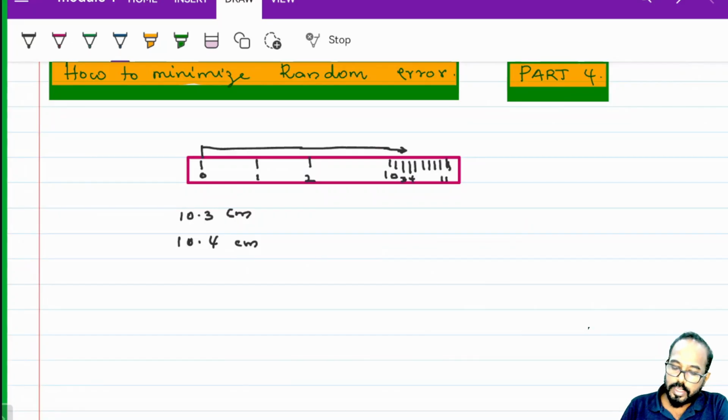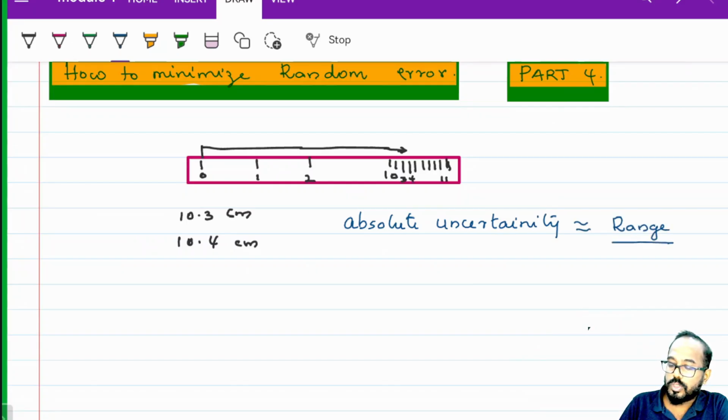So absolute uncertainty means this is the maximum possible error, maximum possible uncertainty in the measurement. So what is absolute uncertainty? Absolute uncertainty is approximately equal to range over 2. Range over 2. You need to remember this.